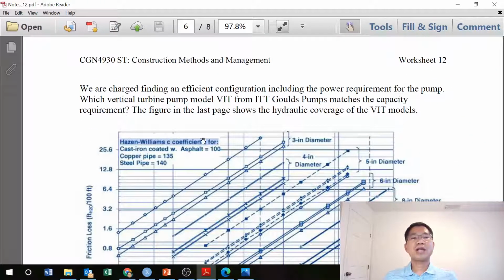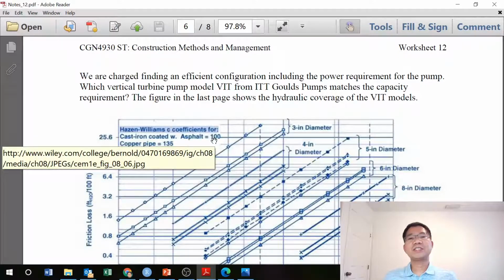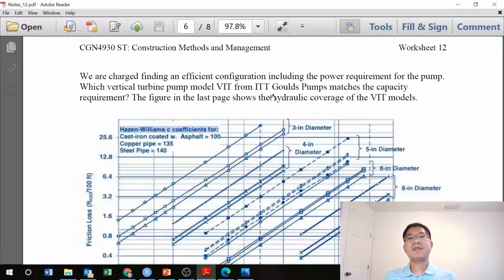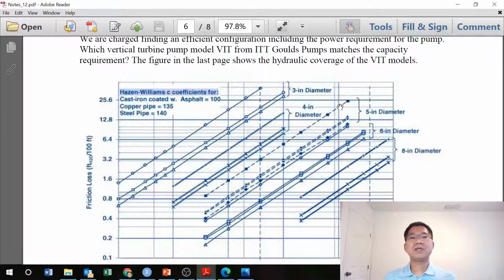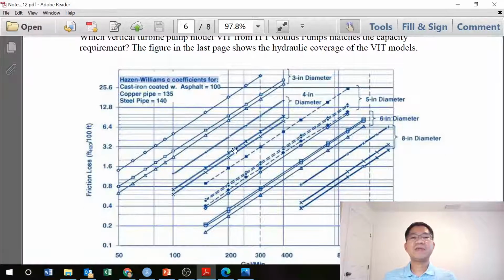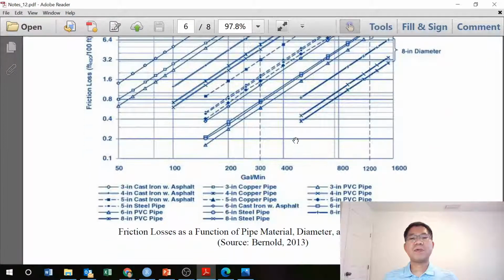And using the chart, find the efficient configuration, including the power requirement of the pump, and which vertical turbine pump model VIT from the company matches the capacity requirement. A figure in the last page shows the hydraulic coverage of the VIT models. So this is basically to determine the friction loss mentioned above.